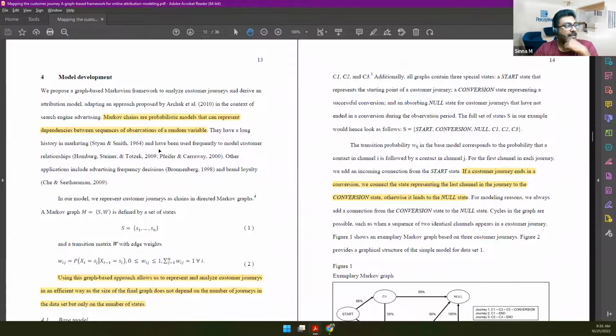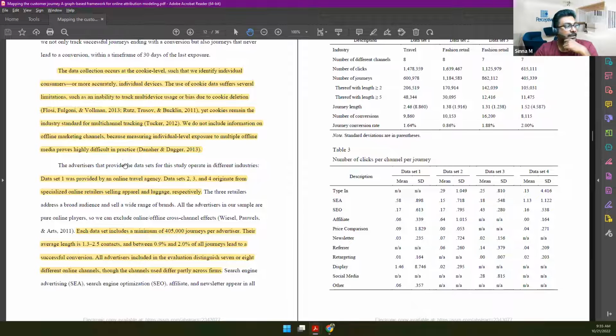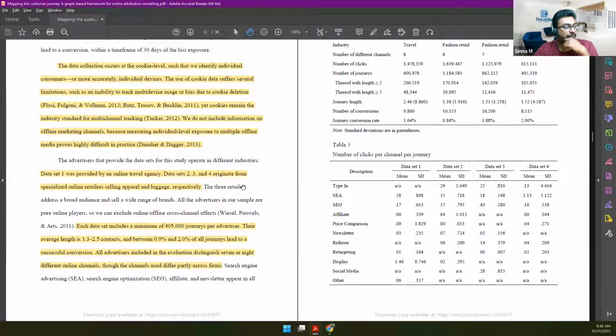The data sets are provided by companies who are selling apparel and luggage. So one is from a company that sells apparel, and 2, 3, 4 are from a travel agency and apparel and luggage sellers. This is in short a summary of the data. Each data set includes approximately 400,000 journeys.